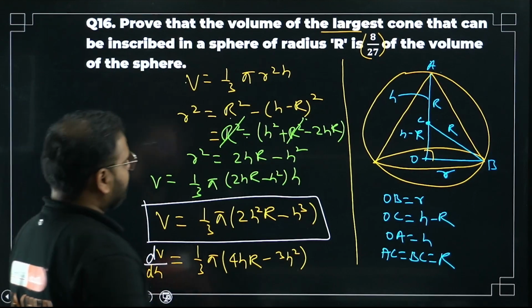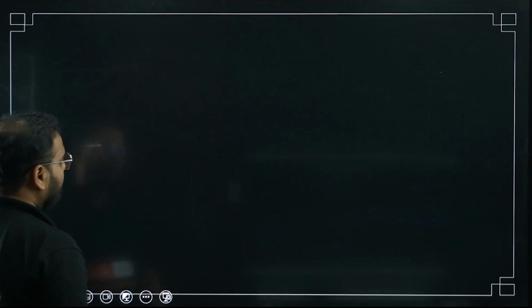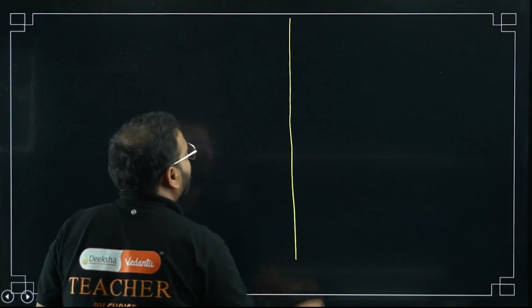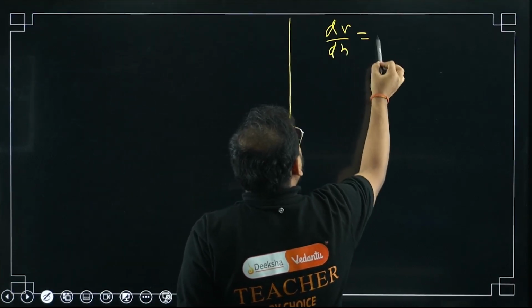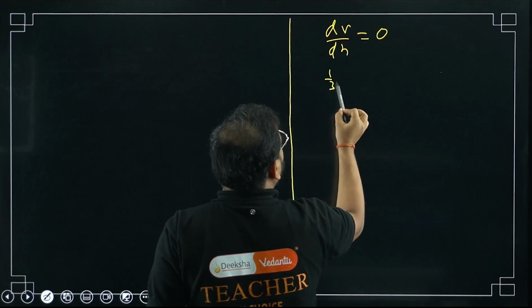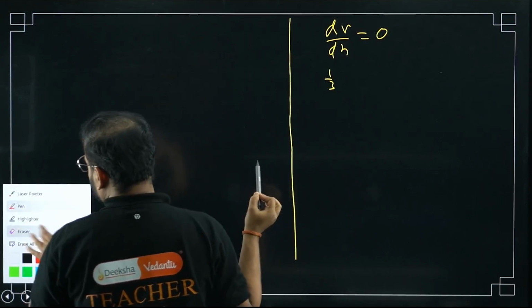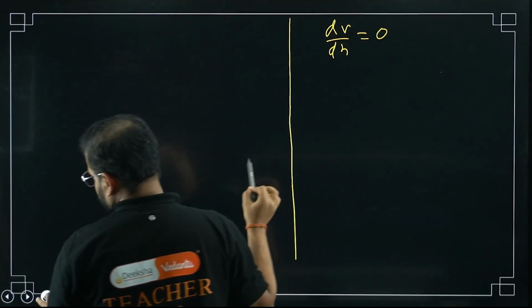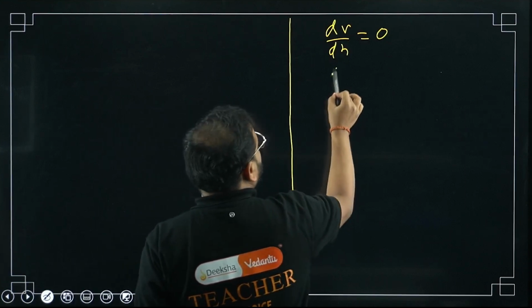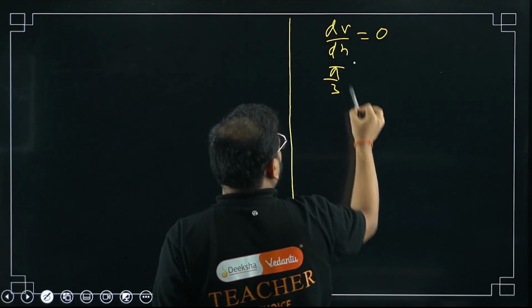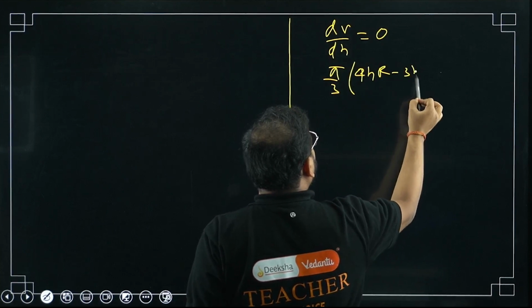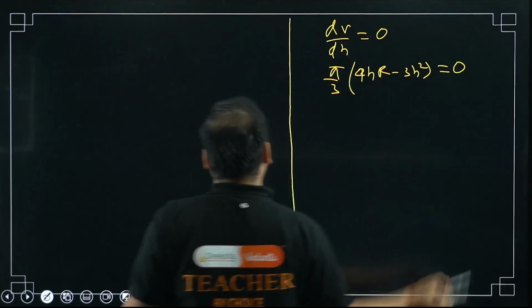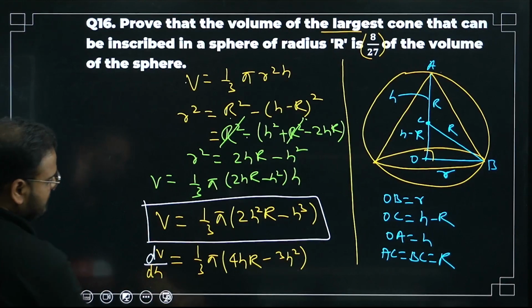To find the critical point from here, I'll put the derivative equal to 0. What am I getting? I can write this simply as pi by 3 times (4hR minus 3h square) equals 0.